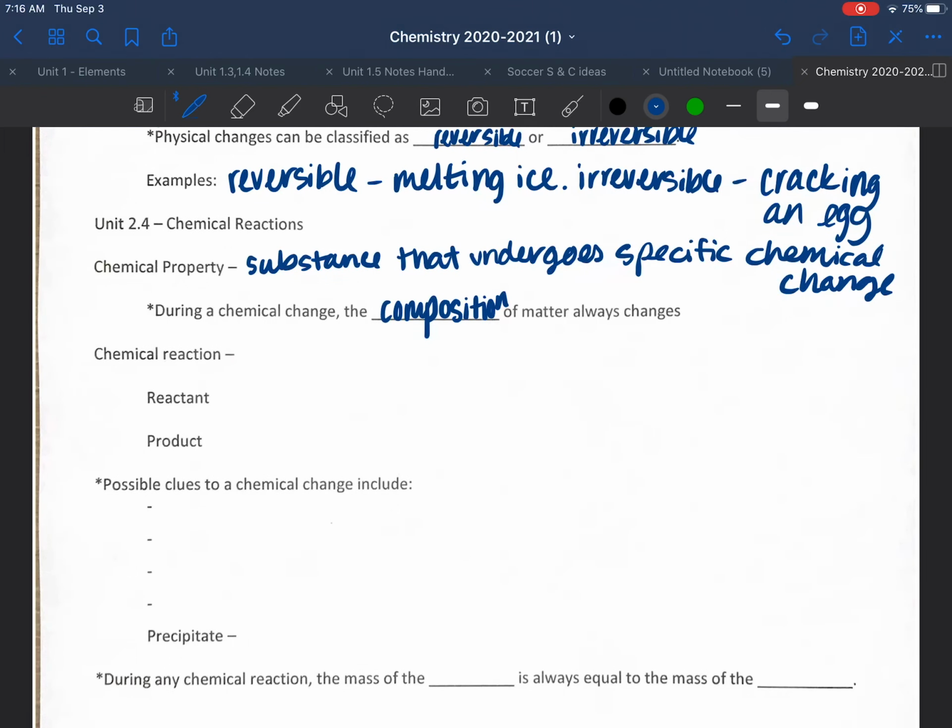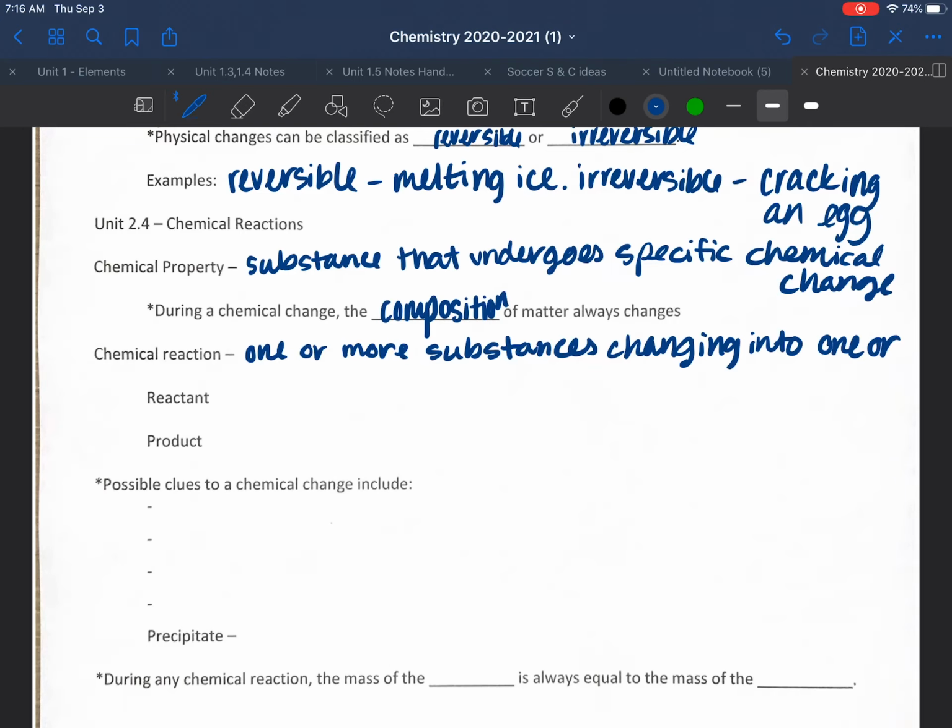So, a chemical reaction is just defined as one or more substances changing into one or more new substances.